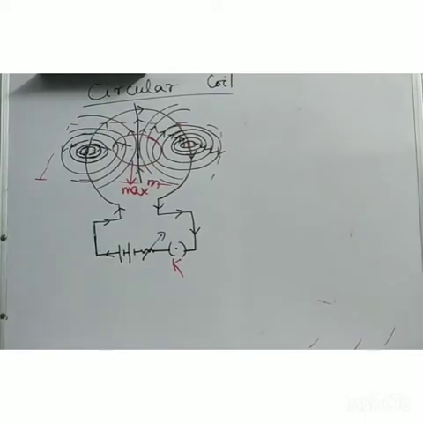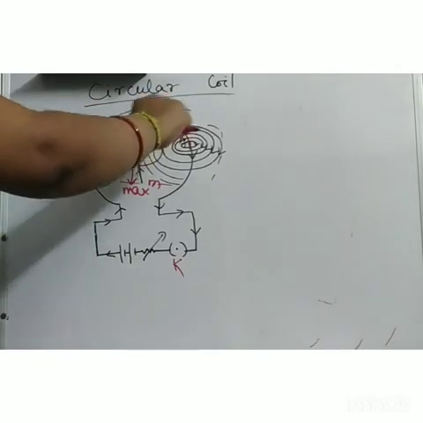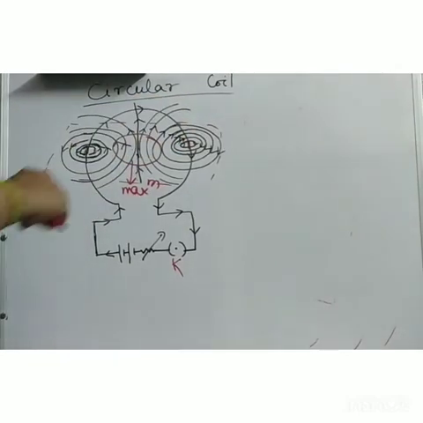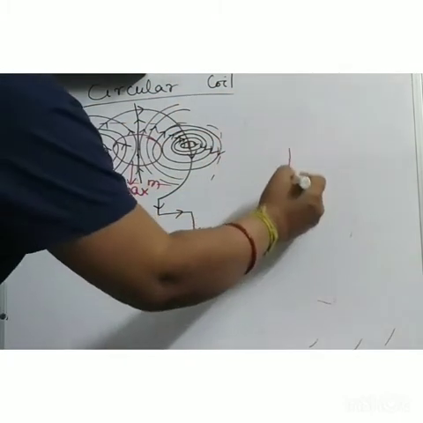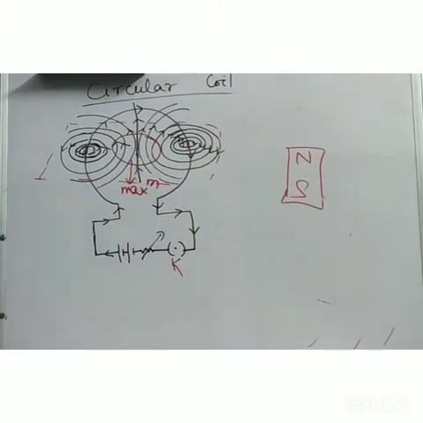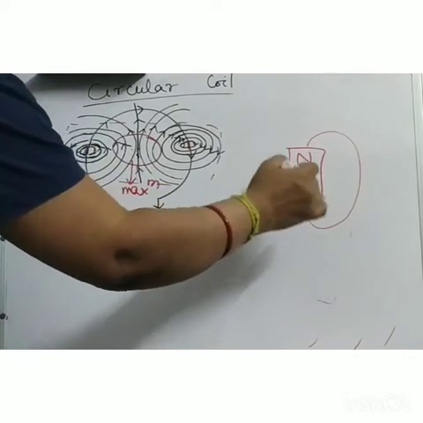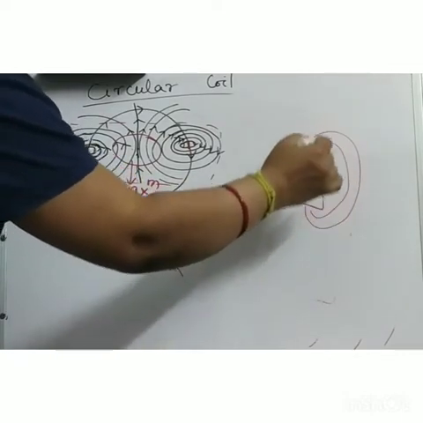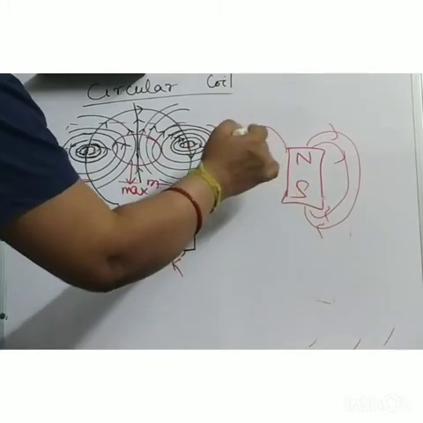See here what is happening. You can see the magnetic field lines are coming out like this. I'll draw a bar magnet now. North pole, south pole. So from the north pole it will go inside the south pole like this. This is the direction, we have already seen.